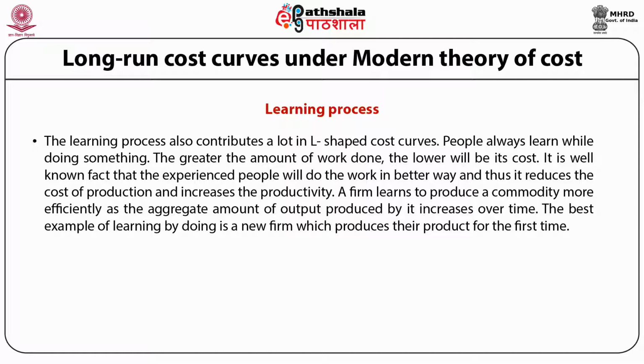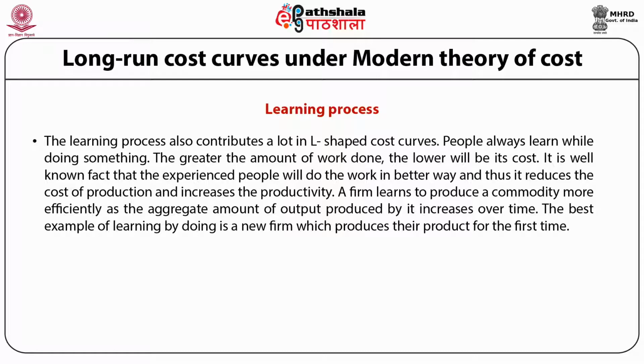A firm learns to produce a commodity more efficiently as the aggregate amount of output produced by it increases over time. The best example of learning by doing is a new firm which produces its product for the first time.